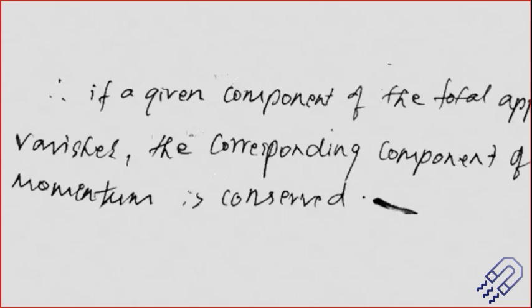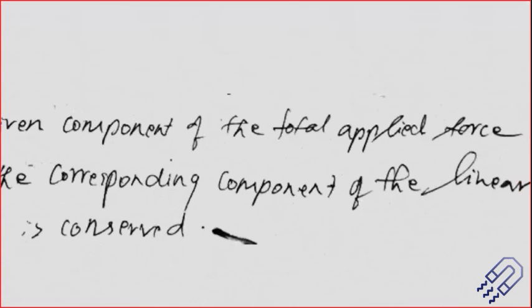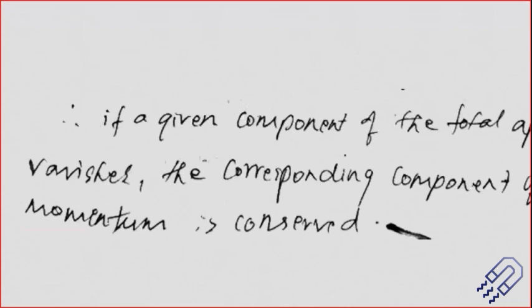So in general, we can say that if Qj is a cyclic coordinate, it does not appear, then the total applied force will vanish. And if the total applied force vanishes, since it is related with Pj dot, comes from the basis of Newton's second law, we can say that the momentum is conserved.